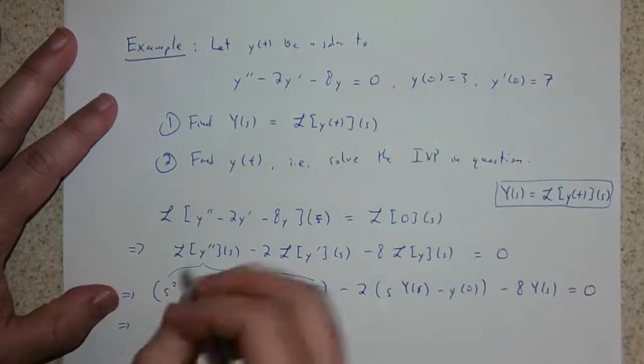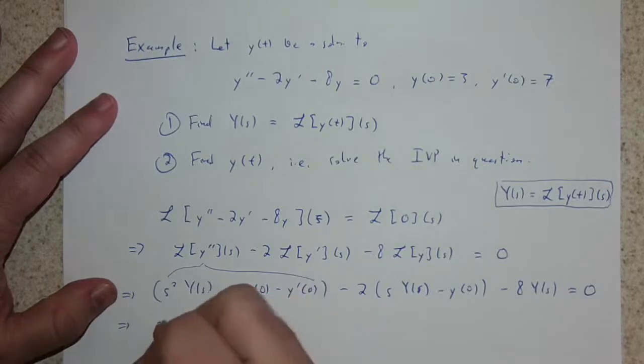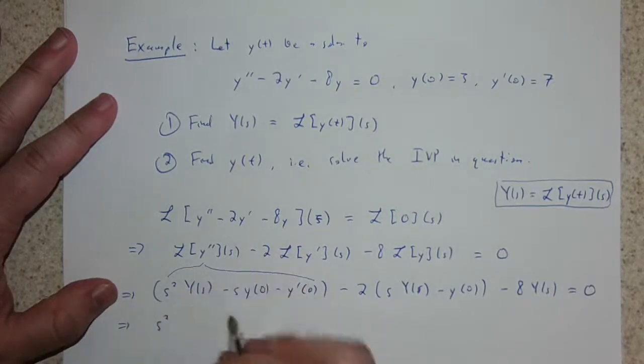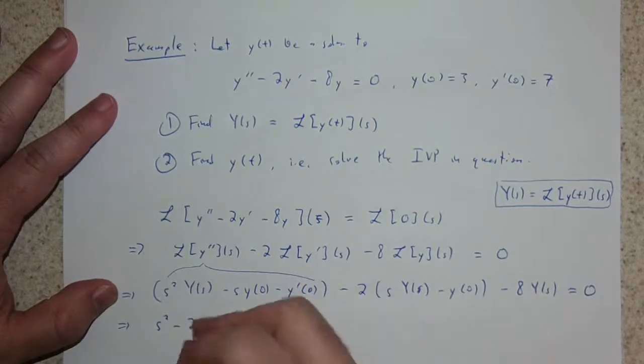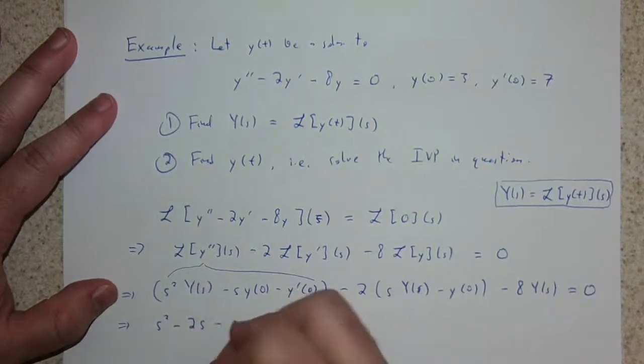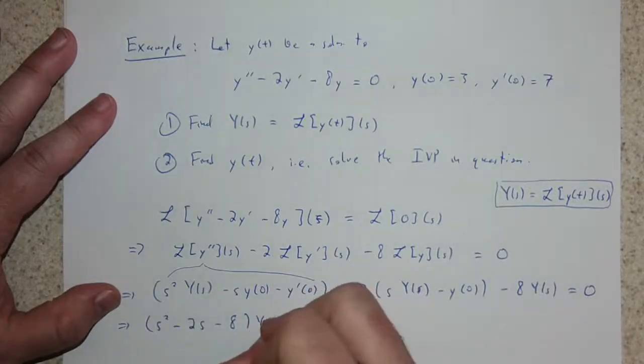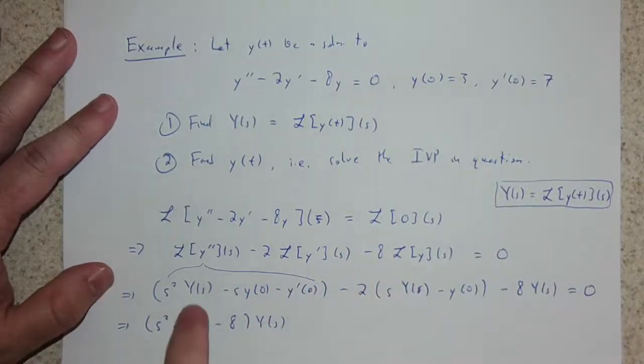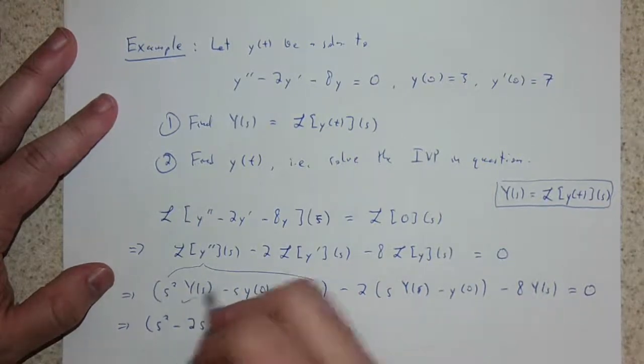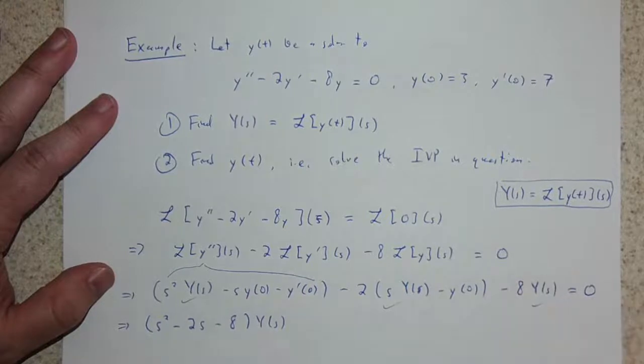Rewriting this, this would be s squared minus 2s minus 8 times big Y of s. Just check. Y of s times s squared, yep. Y of s times minus 2s, yep. And Y of s times minus 8, yep. Okay, so that takes care of that term, and that term.